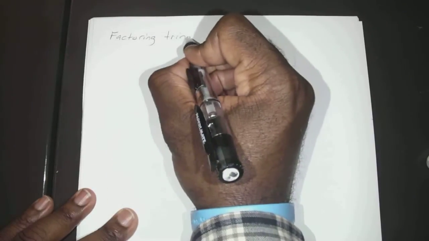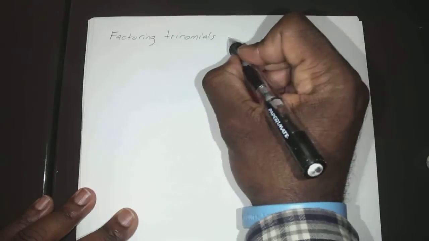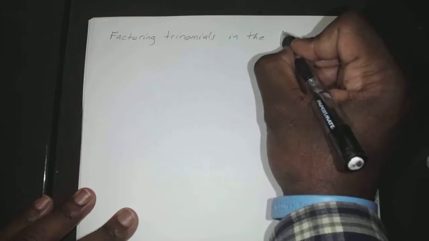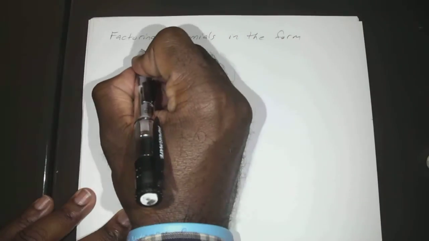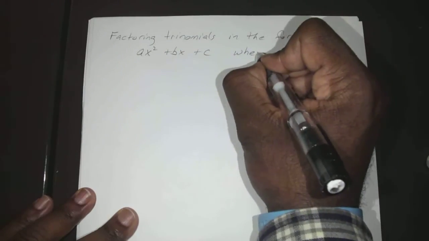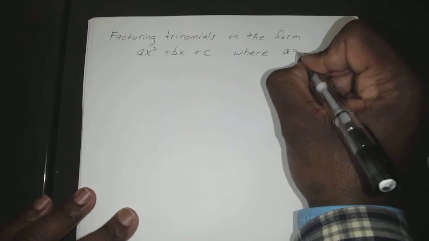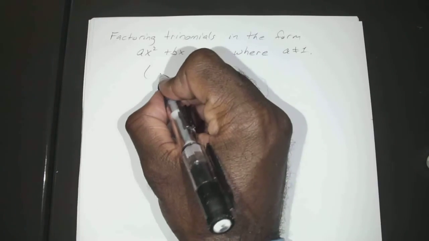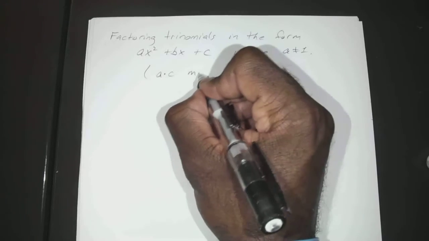So we're factoring trinomials in the form ax squared plus bx plus c, where we know that a does not equal 1. And this is the a times c method.